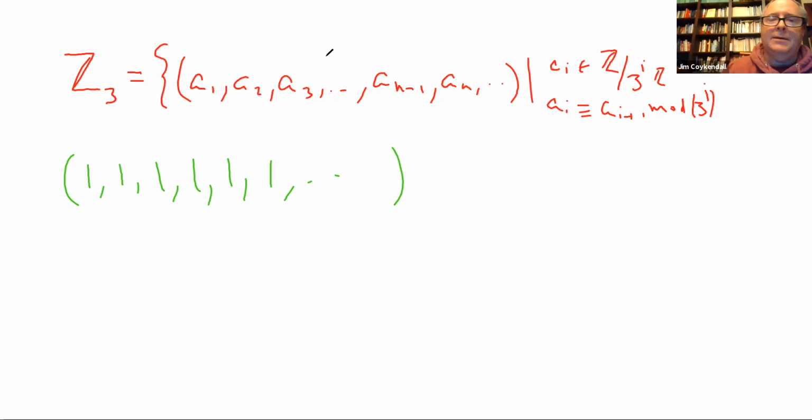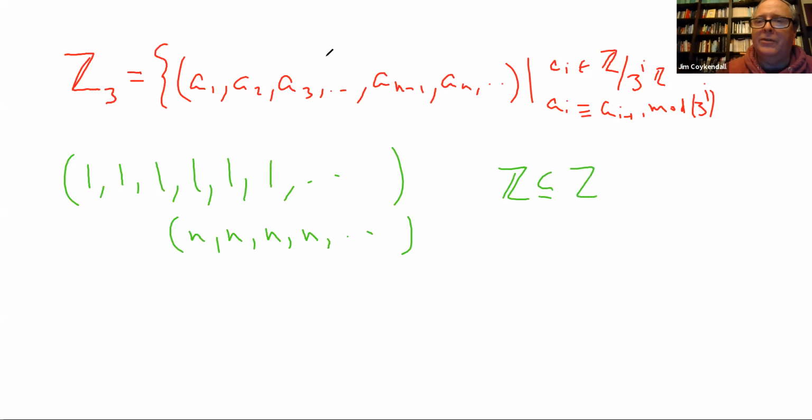And in fact, you can embed the integers into here by just going in forever. Up to a certain point, these n's might be reduced to something else mod p, but once n is less than the power of 3, then it's all n's from there on out. So in other words, you can embed Z into Z3, which you should be able to.